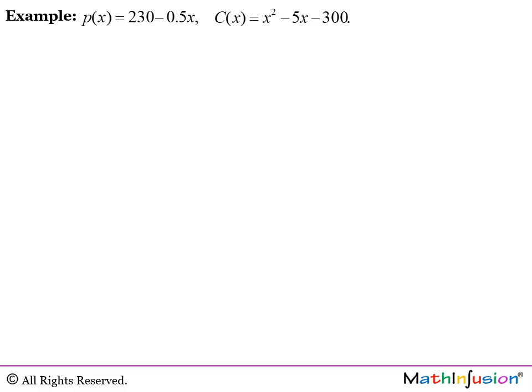Example: here's P(x), the price per item when x items are sold, 230 minus 0.5x, and here's the cost function C(x), the cost to produce x items. It is given here by x to the power of 2 minus 5x minus 300.